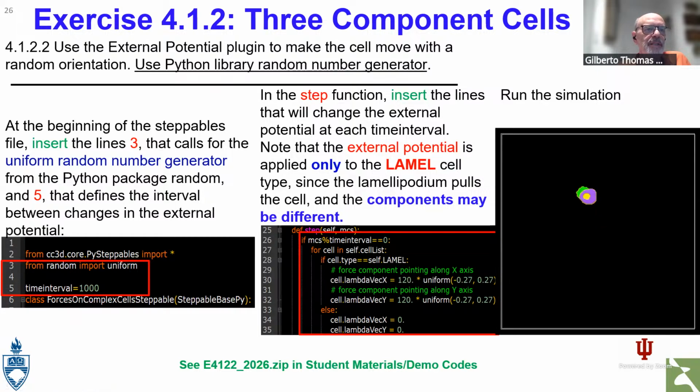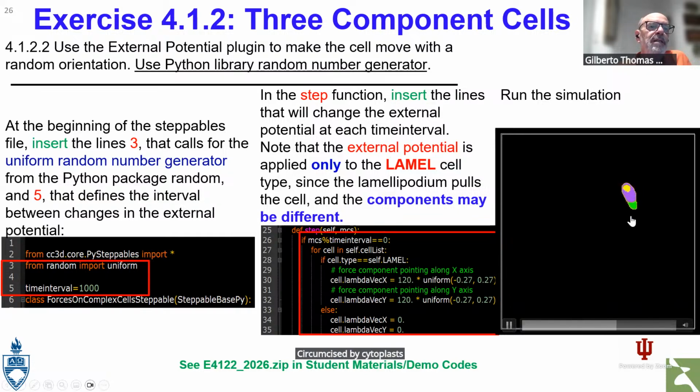Now we have much more realistic cells. Nucleus surrounded by cytoplasm, being pulled by lamellipodium.